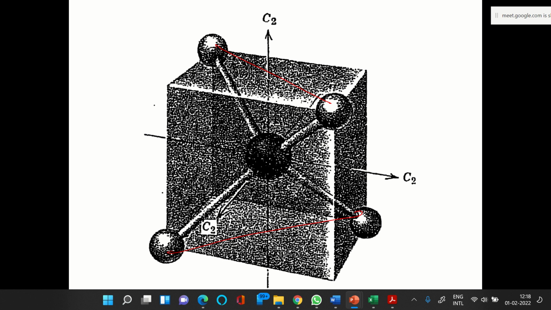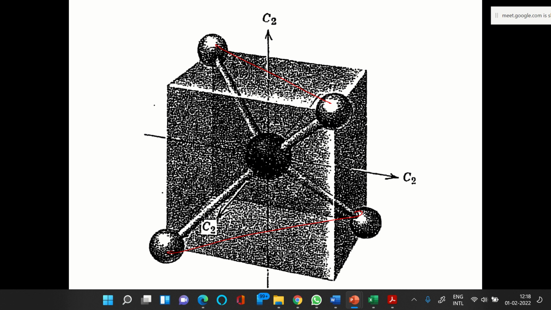Simple. This is your tetrahedron inscribed in a cube, or you can say it is a tetrahedron derived from a cube-like structure.